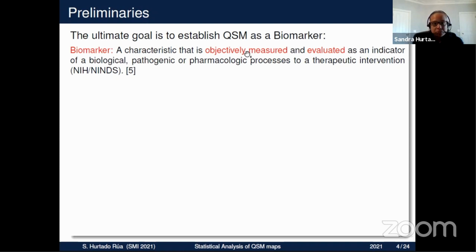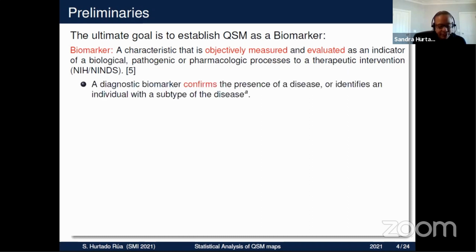Because right now it's done by radiologists, so it takes a lot of time, and that's most of the work that Elizabeth presented today. And the second one is the evaluation, which includes the statistical models to establish QSM as a biological measurement that is related to treatment, right?